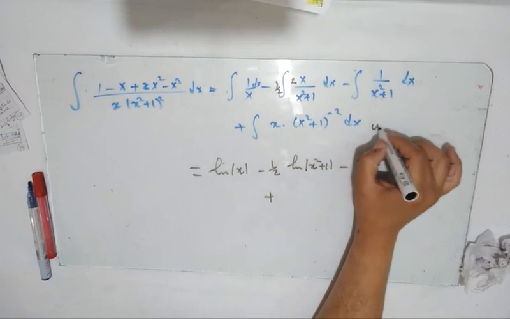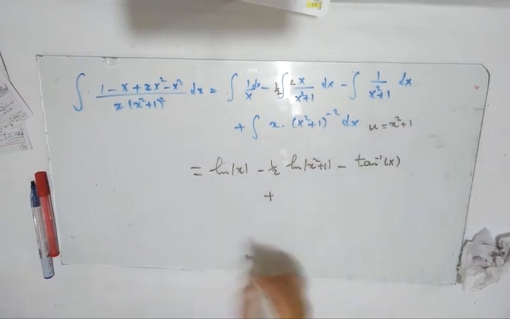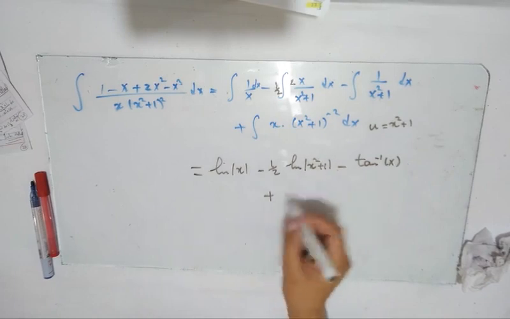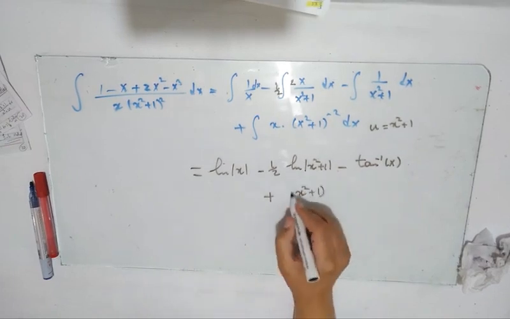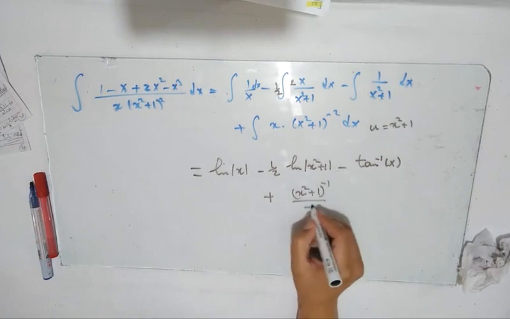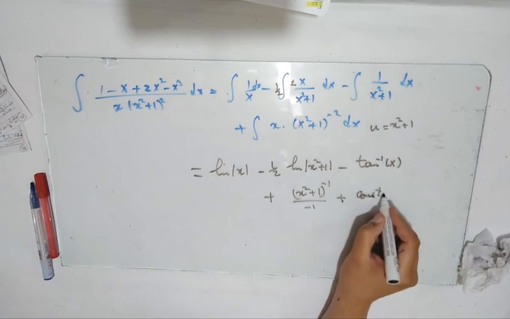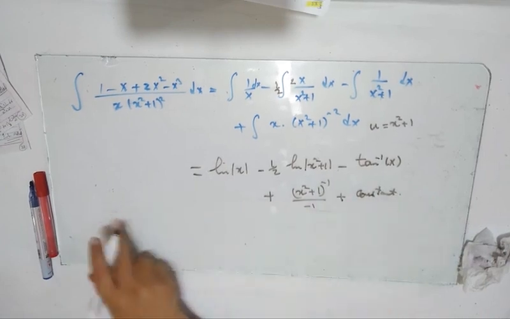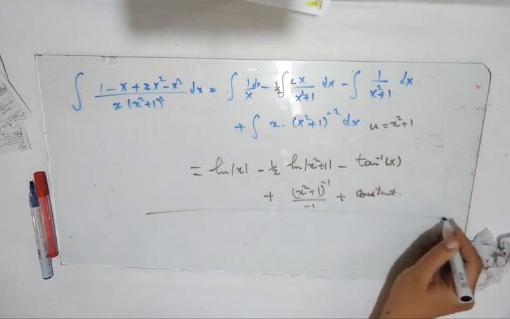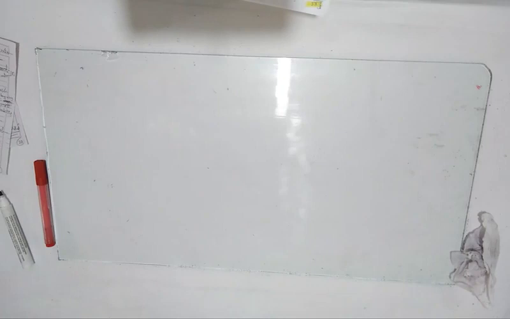If you use this substitution, u equals x squared plus 1, it's easy to find that this integral will be (x squared plus 1) to the power -1 over -1, plus a constant.